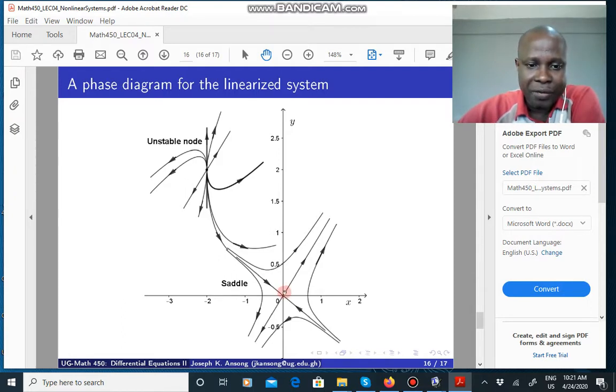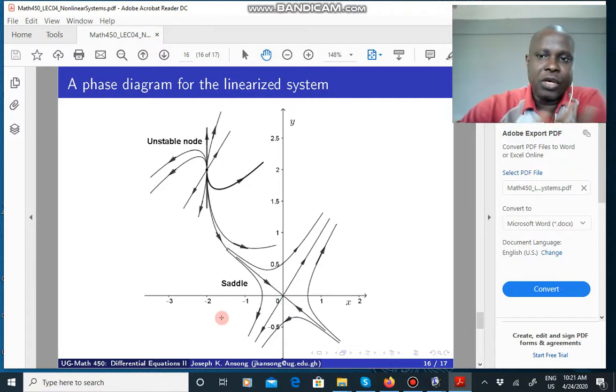So if you do the first one, we had a saddle. At 0, 0, we saw that it was a saddle, which means that if we had a solution for the whole nonlinear system, we'd see that at 0, 0, the system is behaving as a saddle. Things are moving in this form. And then the other equilibrium point is at negative 2, 2, all right? If you plot it, you see that this is how the system behaves.